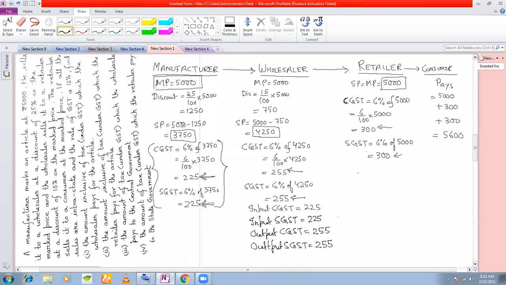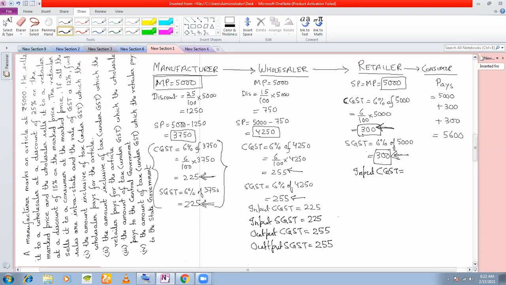Okay. Now we come to the retailer. What about his input and what about his output? First of all, input CGST. Now he is selling it to the consumer, right? And the consumer is paying him how much in tax? 300 plus 300. This 300 is meant for the central government, this 300 is meant for the state government.